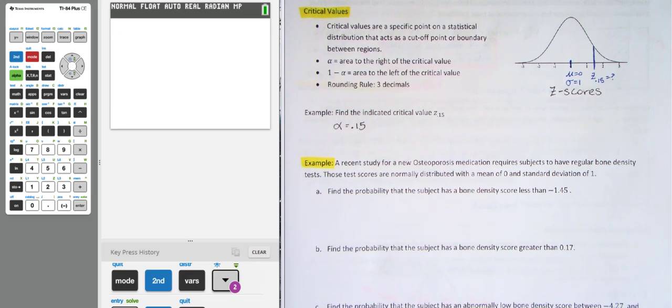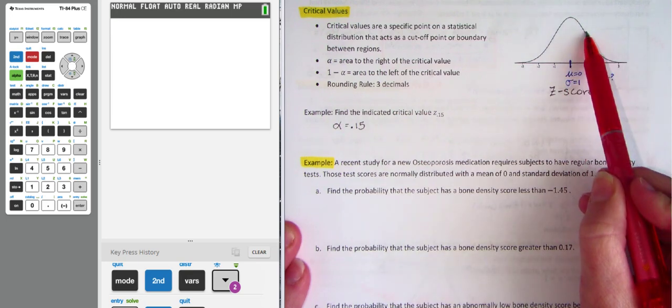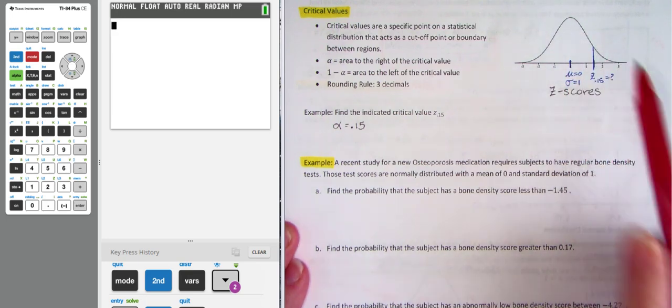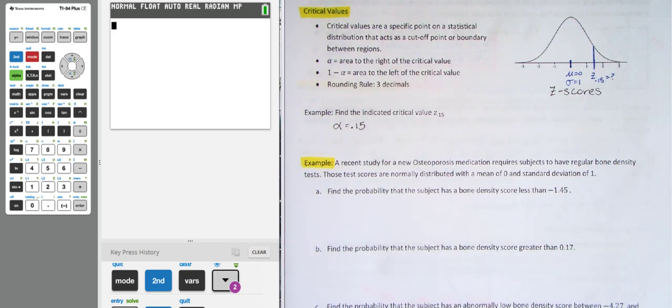Since 0.15 is the area to the right of this critical value, that means z of 0.15 lies over here somewhere to the right of our mean and our standard deviation. If we think then again about the area under the curve being 1 and 0.15 as being only about 15%, you can see that I've sectioned off my graph to where I have here about 50%, 75%, and this is about 85%, leaving the other 15% in this smaller section.